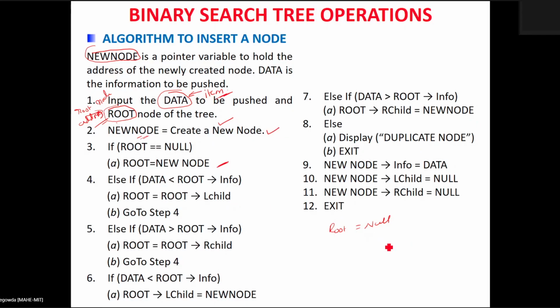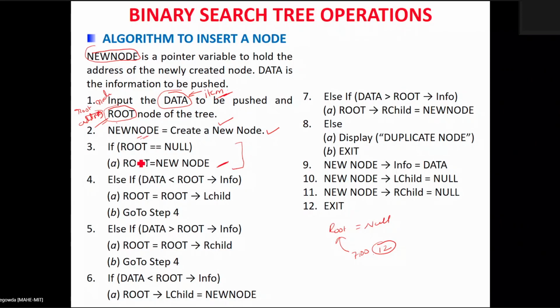Say, for example, I created a node here with the value 12. The address of which, say 7500, is copied into the root node. Then the only node we have in the BST right now is 12. This is taken care of in step number 3.